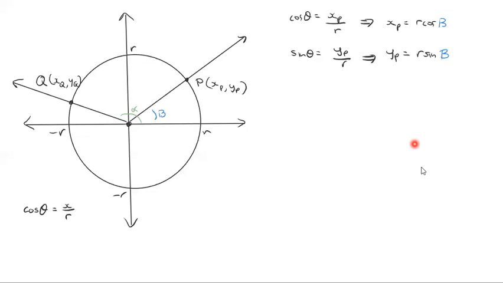Yeah. So when it comes to Q, what's the value of theta? What angle do we put in for theta to get Q? I think just 180 degrees minus alpha.